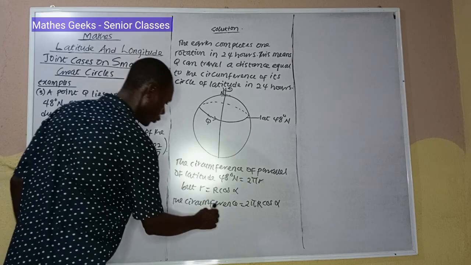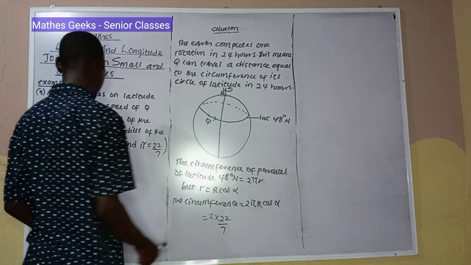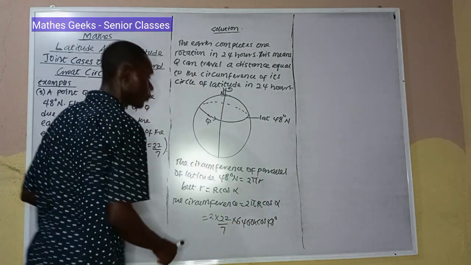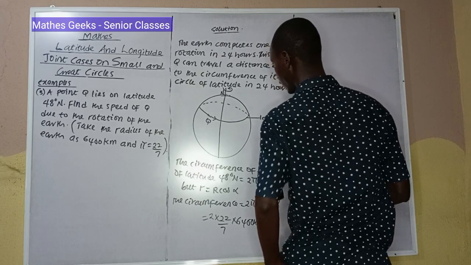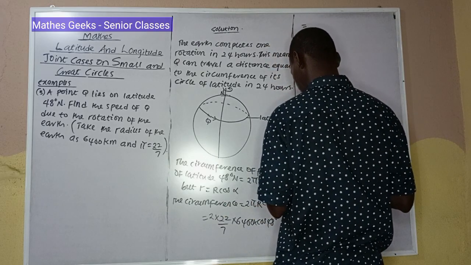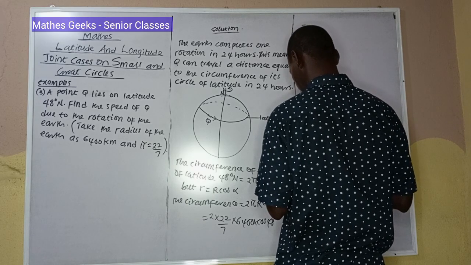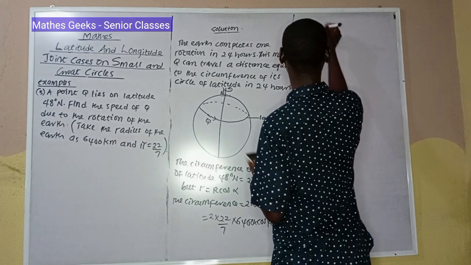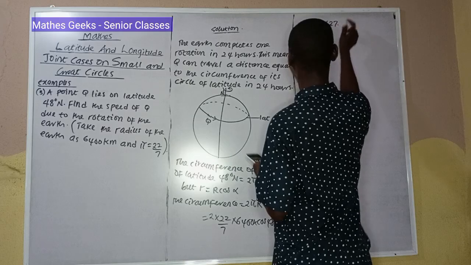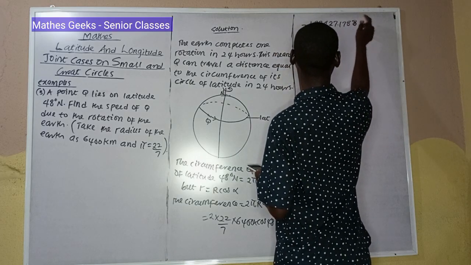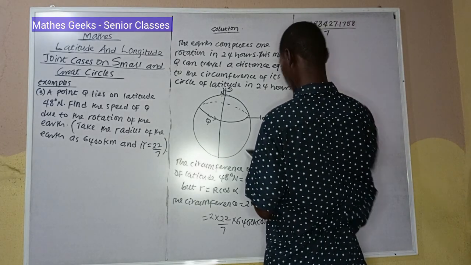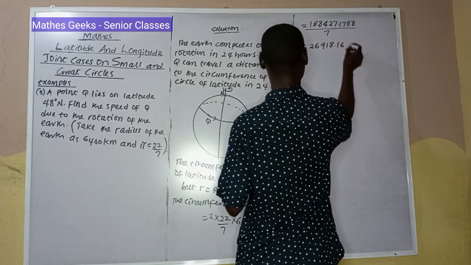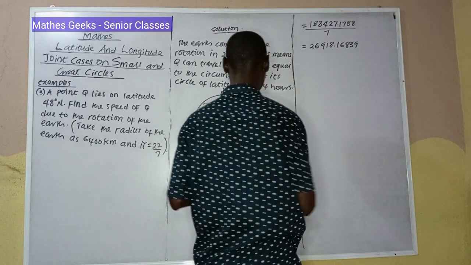This gives us 2 times 22/7 times 6,400 times cos 48 degrees, which gives 188,427.1788 divided by 7, which is 26,918.16829.